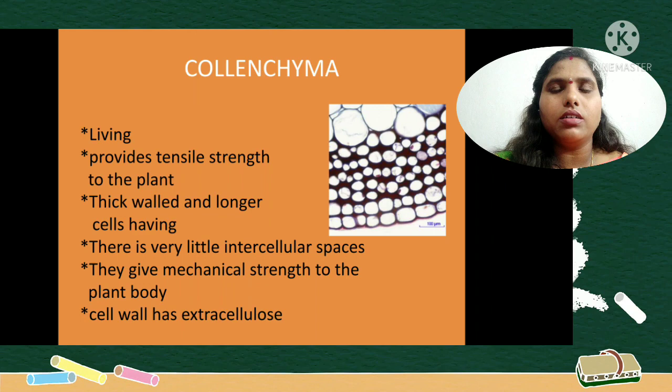Here also there is a small number of intercellular spaces, meaning very little intercellular space. Here the cell wall is made up of extra cellulose. The cells are thick walled, and this tissue gives tensile strength to the plant and also gives mechanical strength to the plant.